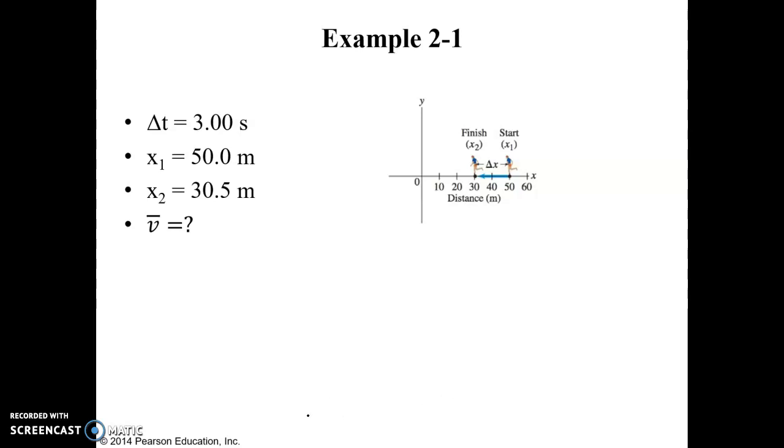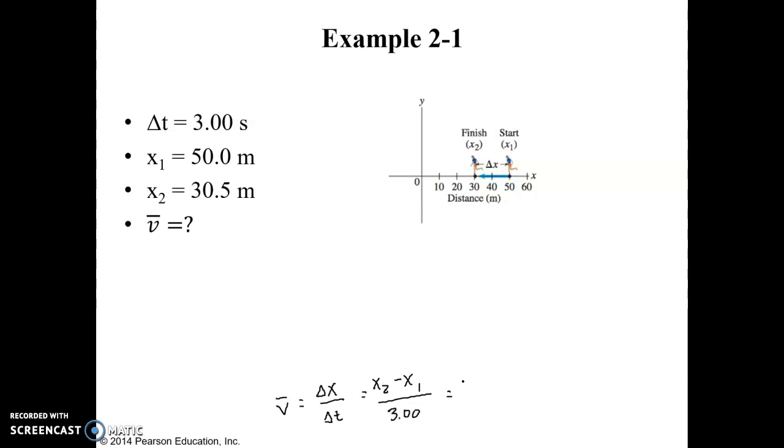Well, the average velocity, v bar, is equal to the change in position over the change in time, which is equal to x2 minus x1 over the change in time, which is 3.00.